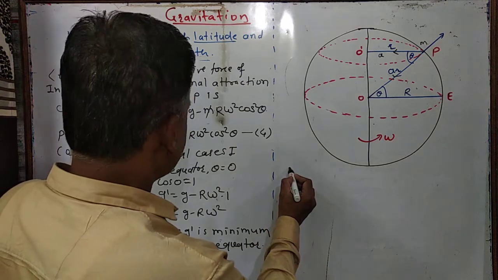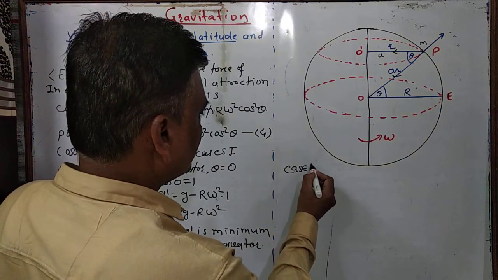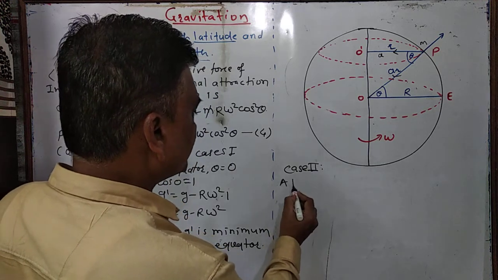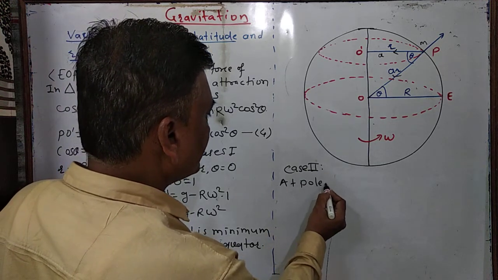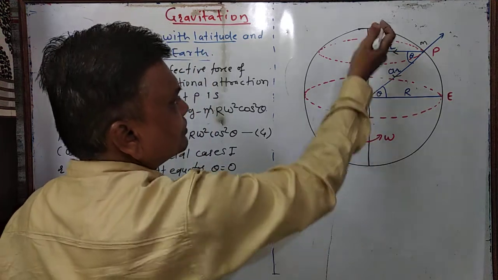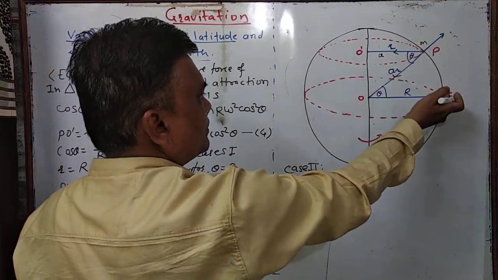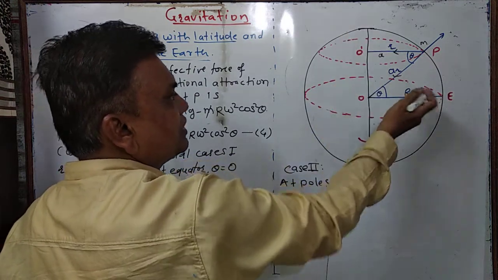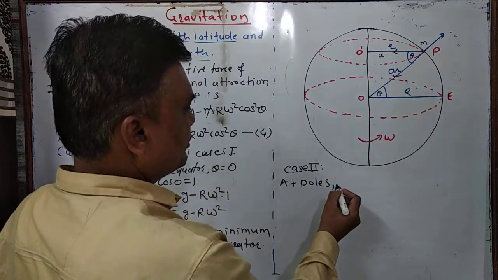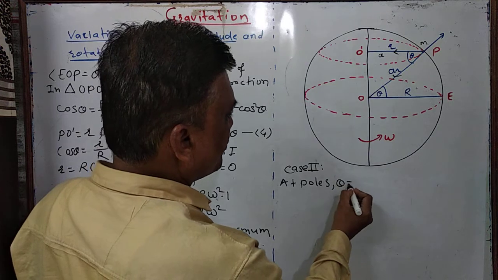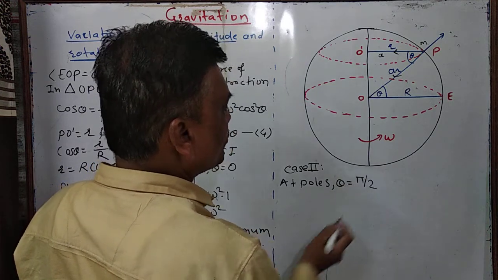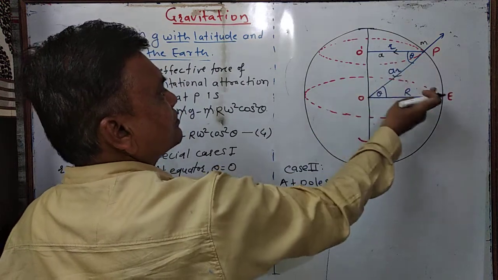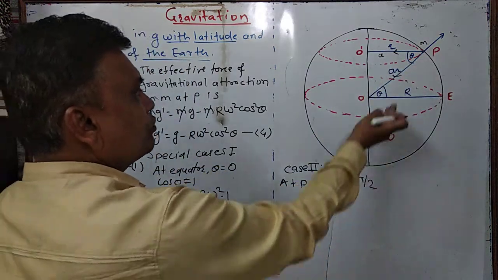Now case number 2, at the poles. What happens at the poles? This is the angle made by the radius vector with the equatorial plane, so theta equals pi by 2 at the poles, because the radius vector goes to this position.